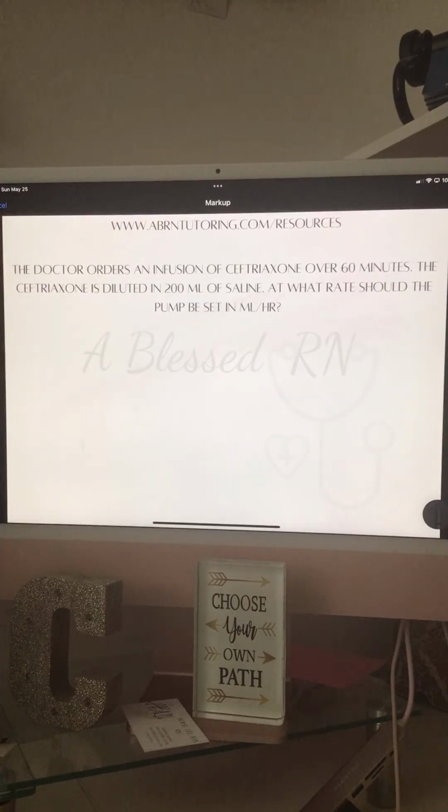When it's via gravity, you're going to be looking for drops per minute. Either way it goes, you're looking for volume over time. So what is our goal? That's the first thing you have to do, right? So we are looking for milliliters per hour, okay? So my goal is mL over hour, right?